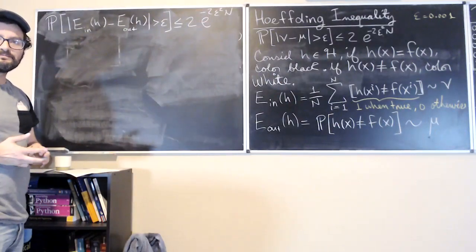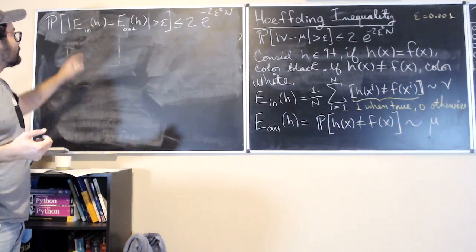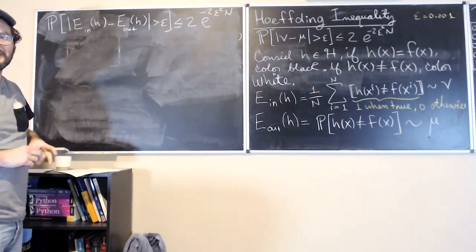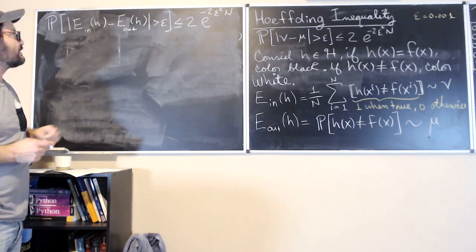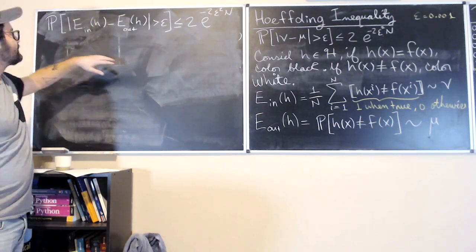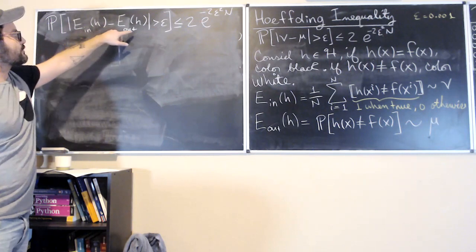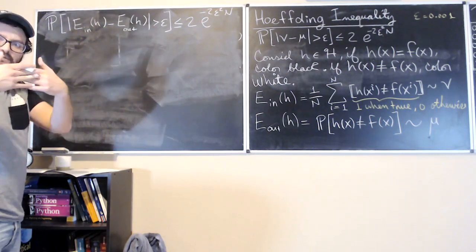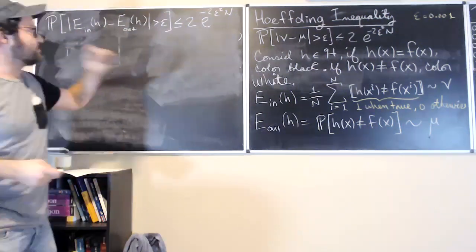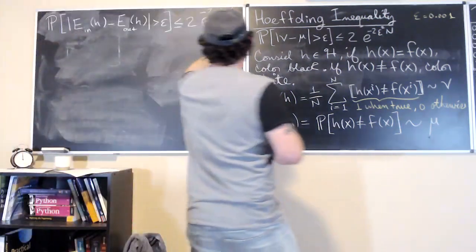Which, by the way, we want this error to be small. We don't want it to be greater than epsilon. We want our in-sample error and our out-of-sample error to be close to each other, which this will more or less give us a bound.